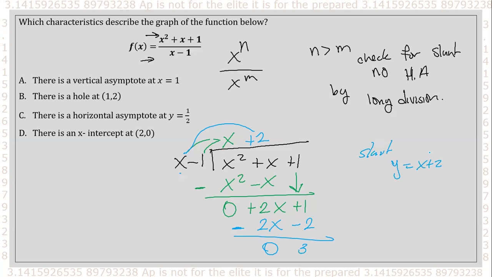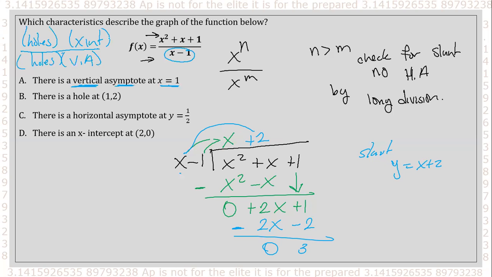All right. So the next thing we're going to go ahead and do is answer some of these questions. So they're saying, hey, we have a vertical asymptote at x equals 1. Well, if we look at this right here, vertical asymptotes, if you remember from my notes, you get holes if the factor repeats, vertical asymptotes are in the denominator, and x-intercepts are in the numerator.